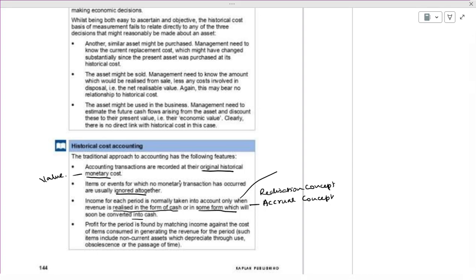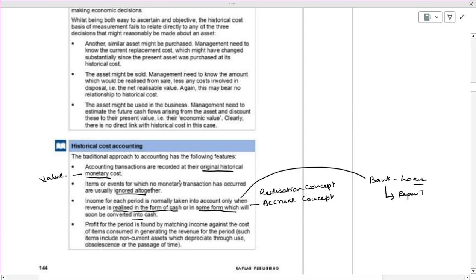Take a bank that has given a loan. When the bank has given the loan, unless it is repaid, you will not show it as cash. Otherwise, what will you show? You always show it as outstanding.